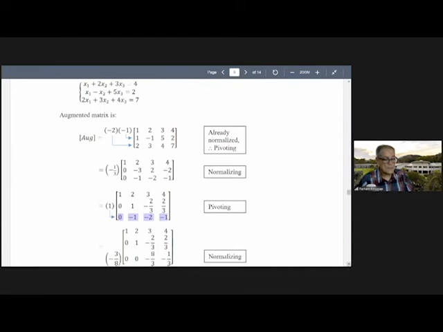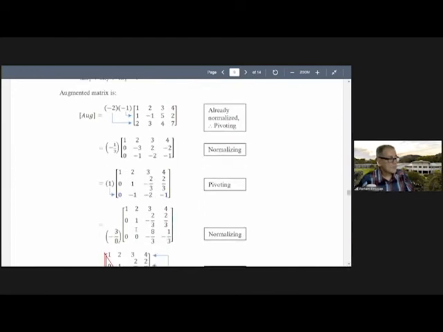Leave the first row the same. This one is the same. And when we add this one to this, we get 1 and -1, 0. -2/3 and -2 is -8/3. And 2/3 and -1 is -1/3. This is the matrix we get. Done with pivoting, now time to normalize. We need to make this 1.